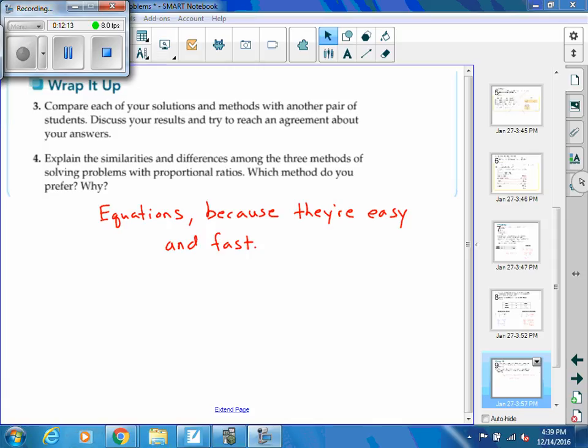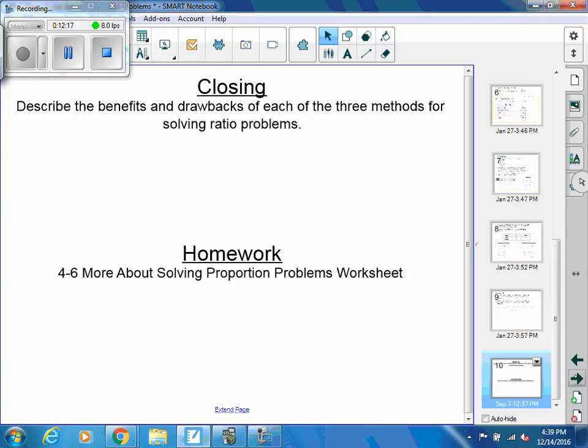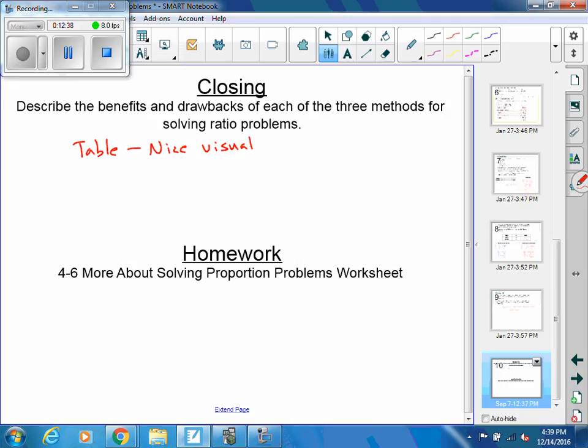Okay, so to finish up here, to close this out, it says describe the benefits and drawbacks of each of the 3 methods for solving ratio problems. We're just going to worry about tables and the equations. We're not going to worry about the bar diagrams there. But for a table, okay, if we look at a table, it's a nice visual, but can be more work.